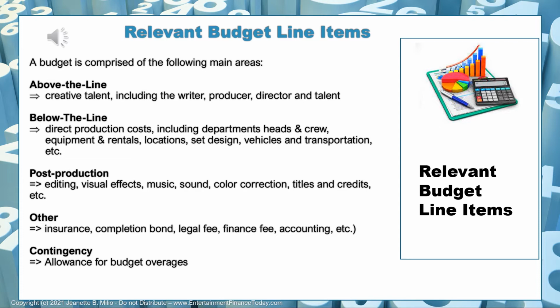Or maybe the set build or set design is using more money because maybe the building took longer or it needed more items. This would also come out of contingency. Imagine you are running late, the schedule is running behind, and you might now need an extra shooting day. That would also be paid out of contingency.